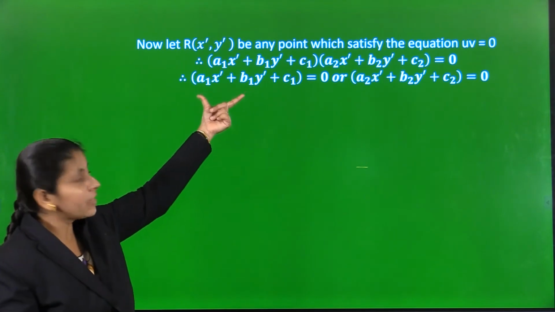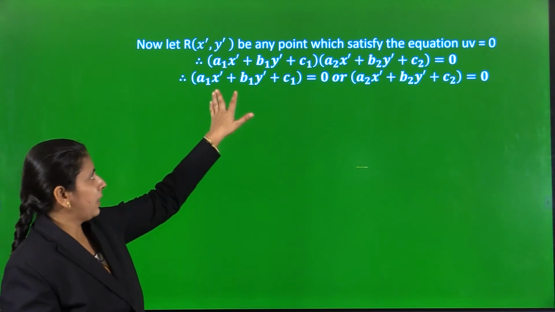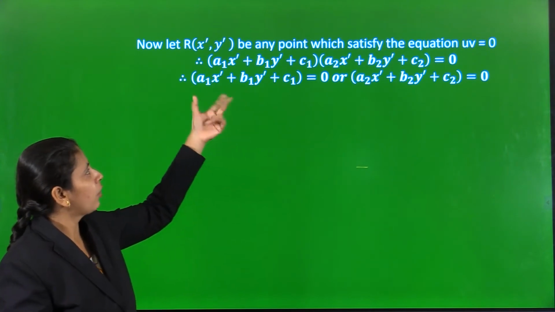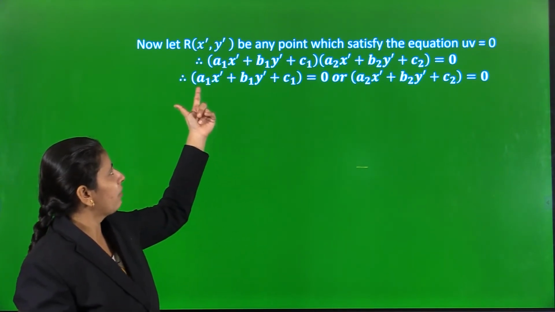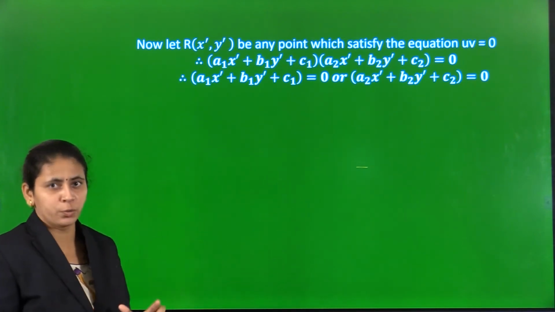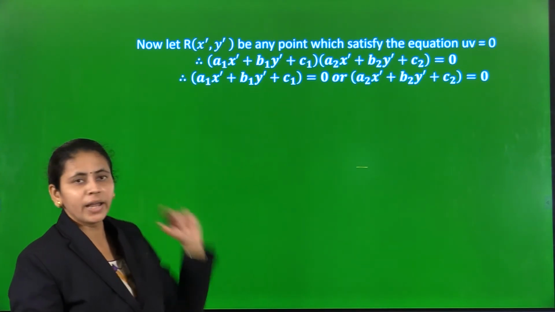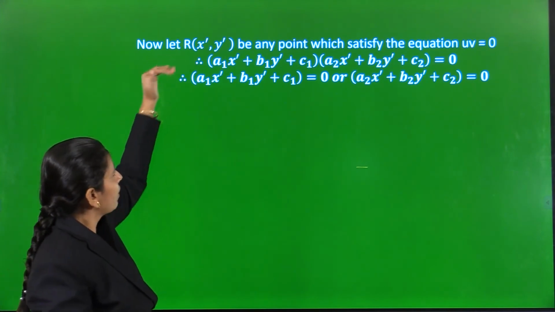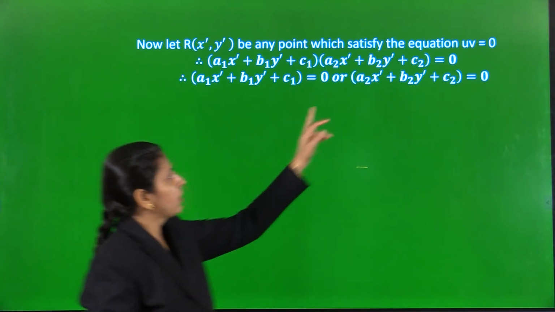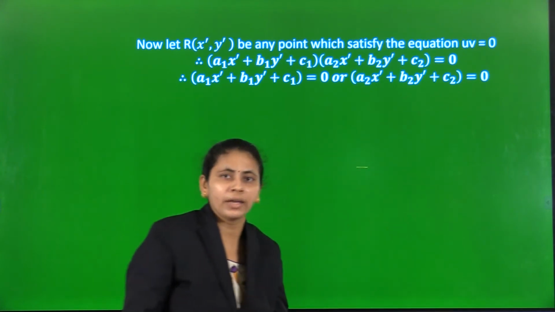If this bracket is equal to 0, what is its meaning? a1x + b1y + c1 = 0 is the equation of line u, and here instead of x and y, the point is (x', y'). It means the point R(x', y') satisfies the equation of line u, or the point (x', y') satisfies the equation of line v.